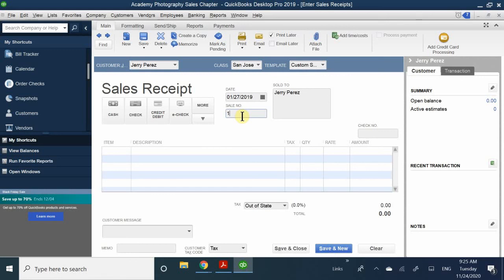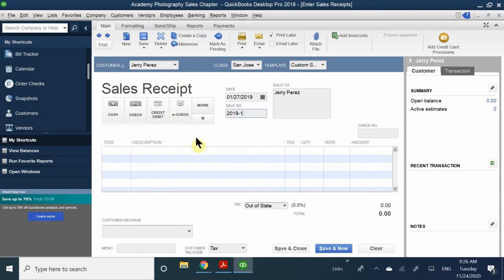But you can make up whatever number that you would like in order for you to associate, recall or keep track of your sales, okay? So in this case, general rule of thumb is you generally would want to do maybe the year and the sales number. This is sales receipt number 1, okay? That's usually what you should do, okay?